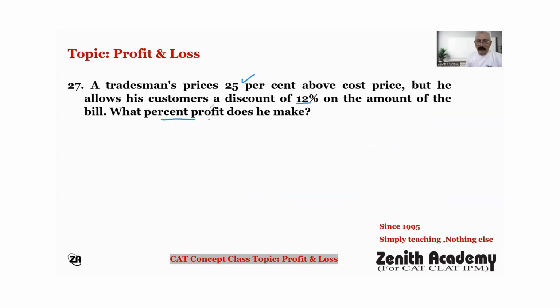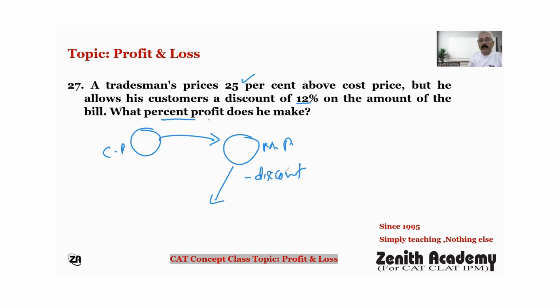A ratio always remains the same if you multiply numerator and denominator by any number. So here, suppose this is the cost price and this is the mark price, and then you take the discount, and finally it becomes the selling price.